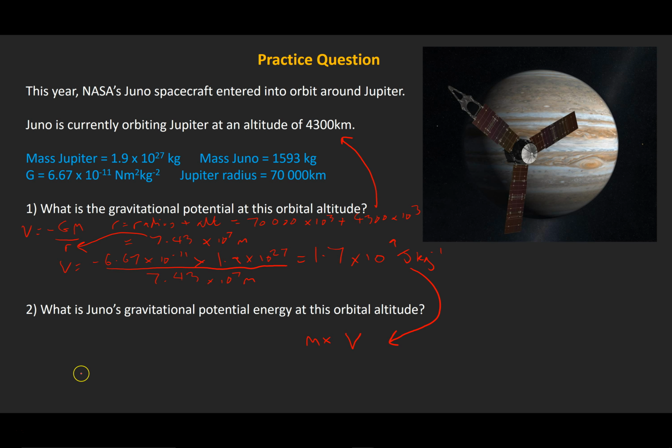And so that means that the energy of Juno is 1.7 times 10 to the 9 multiplied by the mass, 1593 kilograms, and that gives me an energy of 2.7 times 10 to the 12 joules.